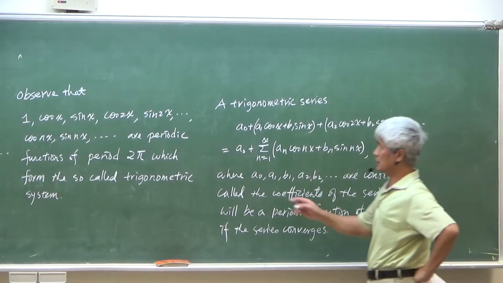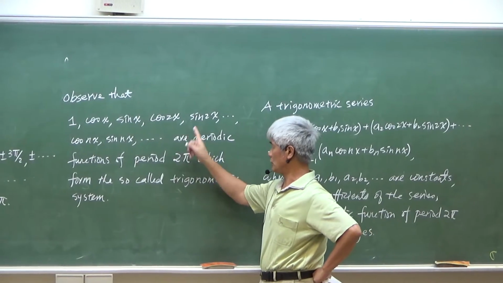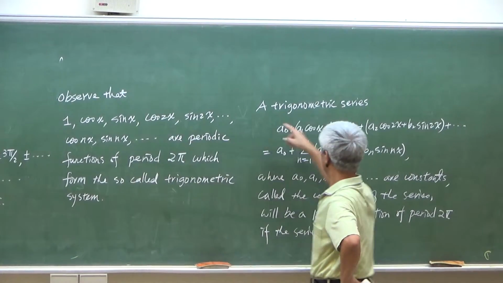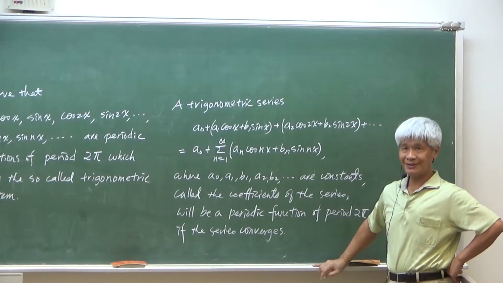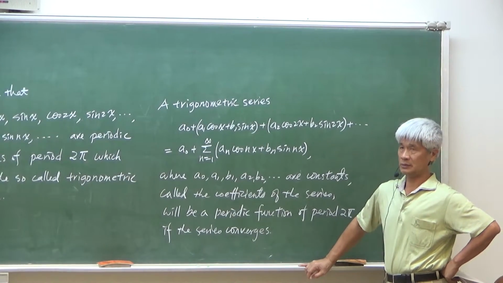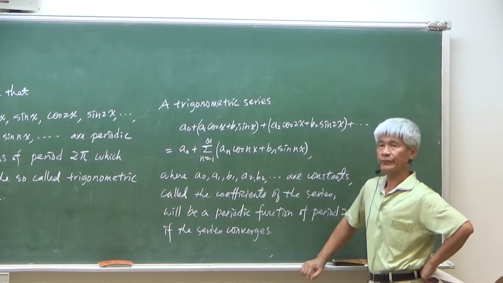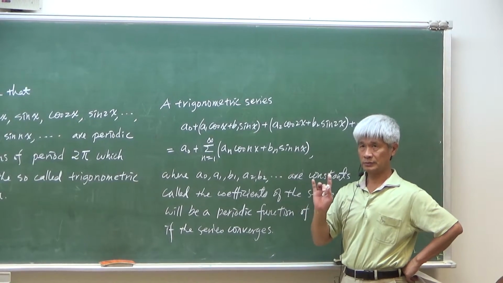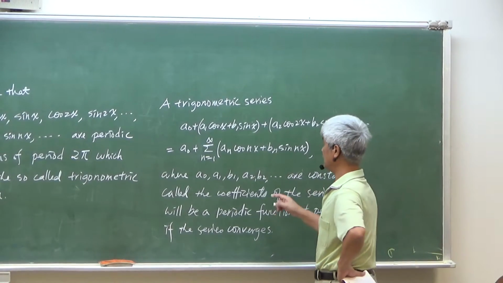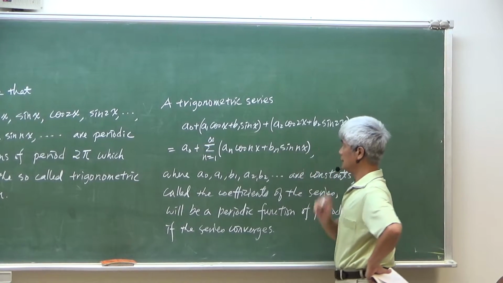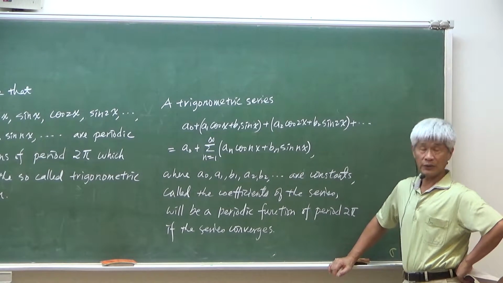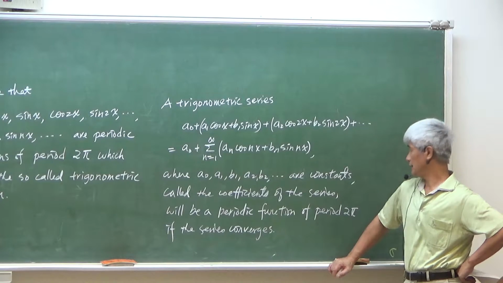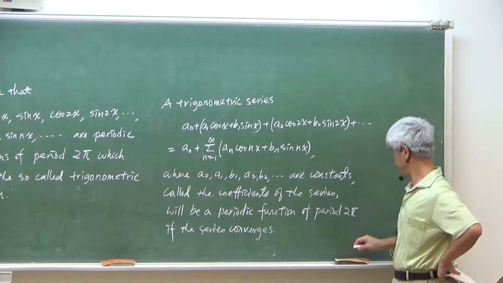We can use this trigonometric system to form trigonometric series. And if this series converges, then we know it is a periodic function of period 2 pi.